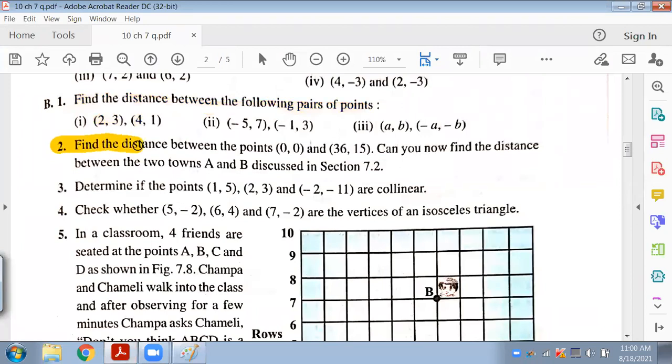Find the distance between the point 0, 0 and 36, 15. So you have to find the distance between the point 0, 0 and 36, 15. So let's take it.